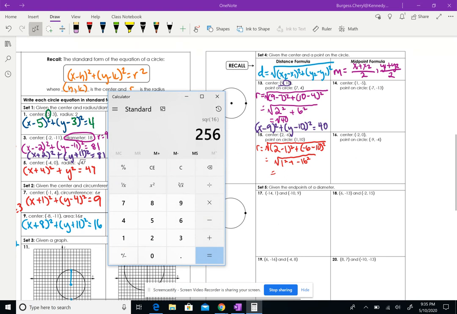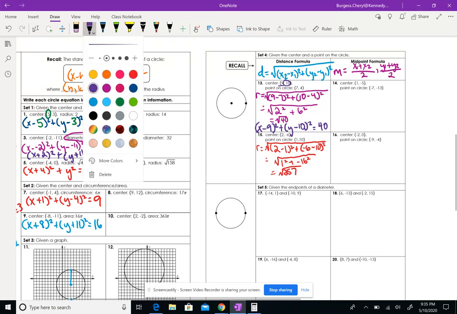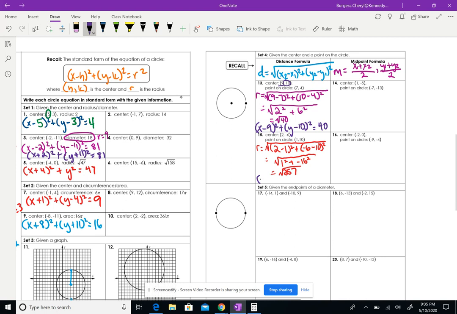That's 257. So square root of 257 is our radius. Plugging it into the circle formula. X minus 2 squared plus y minus negative 6, so that's y plus 6 squared, equals square root of 257 squared, which is 257. Alright, not too bad.